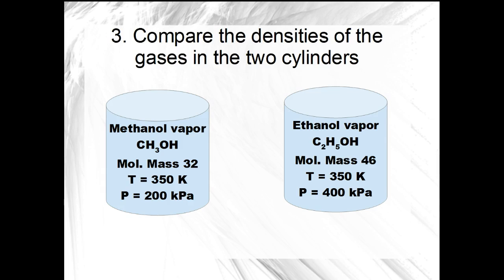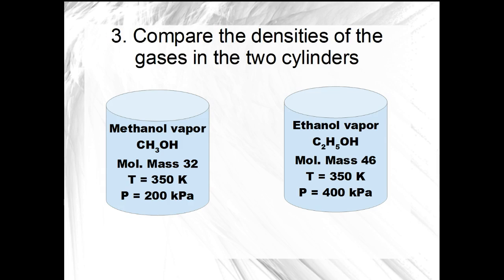However, we can also realize that the molar mass is 46. So with 46 and a doubled pressure, we're going to first of all see that obviously the density of the ethanol vapor is greater than the density of the methanol vapor. But we can calculate what that difference is going to be by simply, first of all, doubling whatever the density is here.